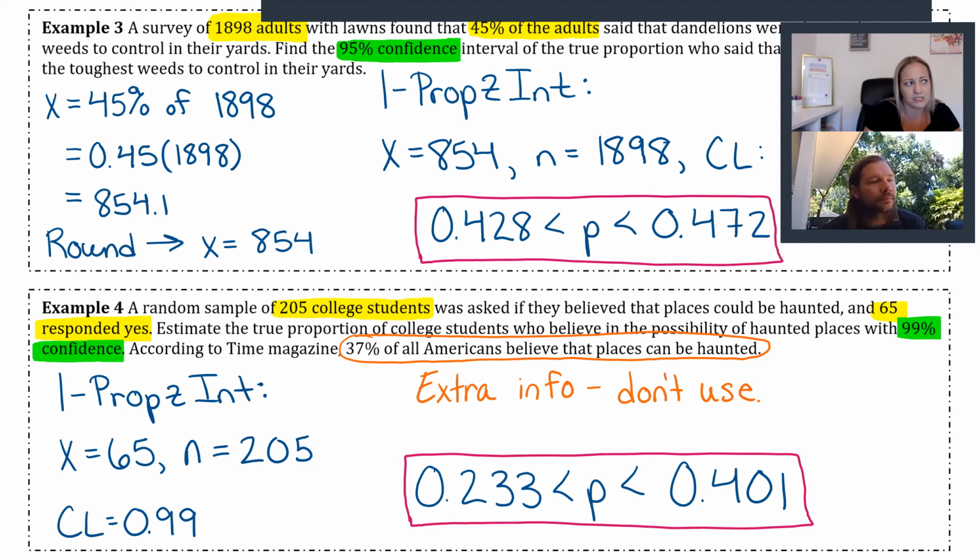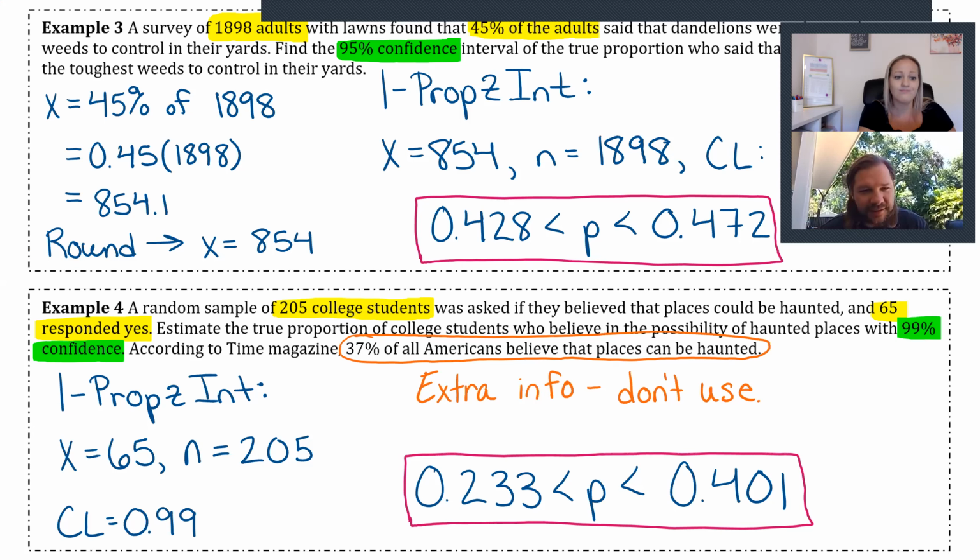On some questions, it might reference that statistic that they gave you, and they might say, all right, how does that compare with the interval that you got? Based on your interval, how believable is that statistic? So let's compare this one. Dr. Insko, how do you think that statistic compares with the interval that we got?